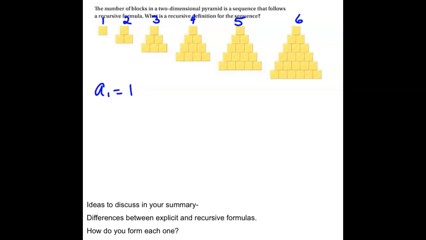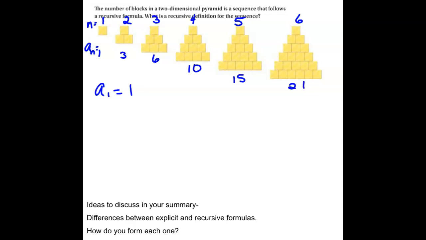My second term has 3 blocks. So this is n, this would be a sub n, the number of blocks in the pyramid. My third picture has 6 blocks. My fourth picture has 10 blocks. Fifth picture has 15, and the sixth one has 21.